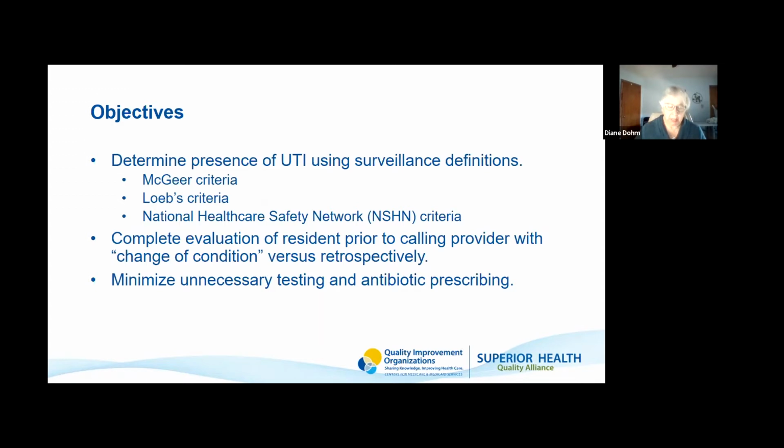We'll also discuss evaluation of your resident before calling your provider with a change in condition. The ultimate goal of this series is to prevent unnecessary testing and antibiotic prescribing.